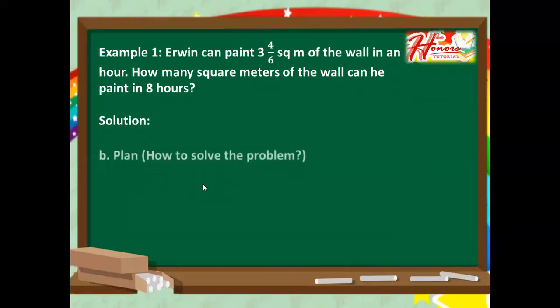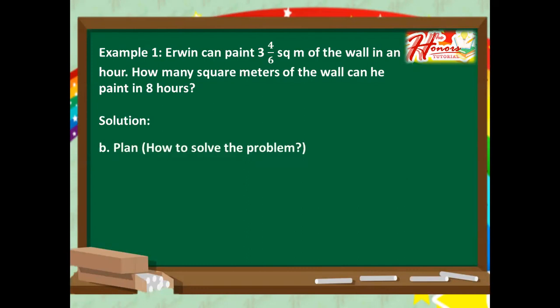Next, we have here the plan or how to solve the problem. So when we say plan or how to solve the problem, this is where you're going to choose the operation or operations that you're going to use to solve the problem. And also, this is the part where you are going to form your number sentence. You are allowed to use n to represent the unknown number.